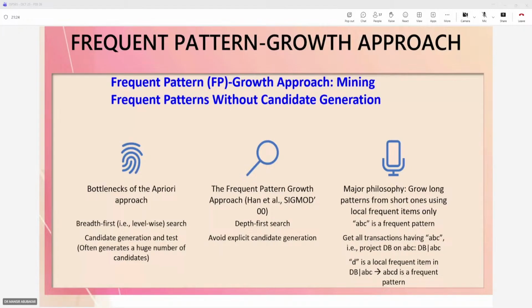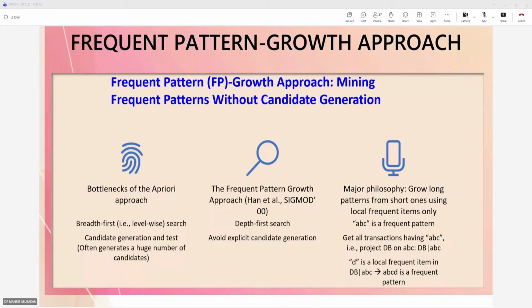So that time cost is one of the things that made scientists introduce FP growth. FP growth is trying to bypass or limit the amount of time taken in using the Apriori algorithm.